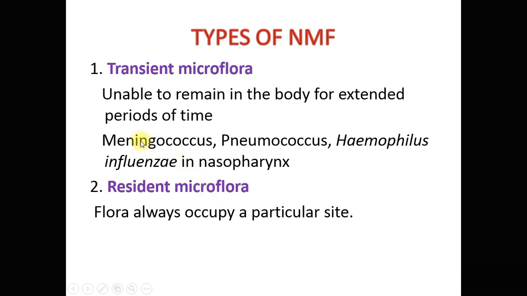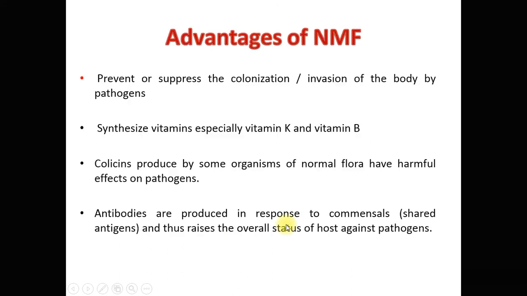Examples of transient microflora are meningococcus, pneumococcus, and Haemophilus influenzae in the nasopharynx. Resident flora is a permanent flora which is always present at a particular body site.